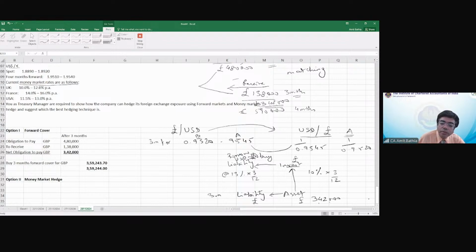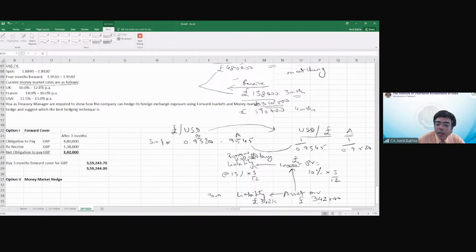Am I right? So how will you find the present value of this investment? This is the maturity value of the asset. My liability is of 342, right? So obviously I need an asset of 342 to set it off.